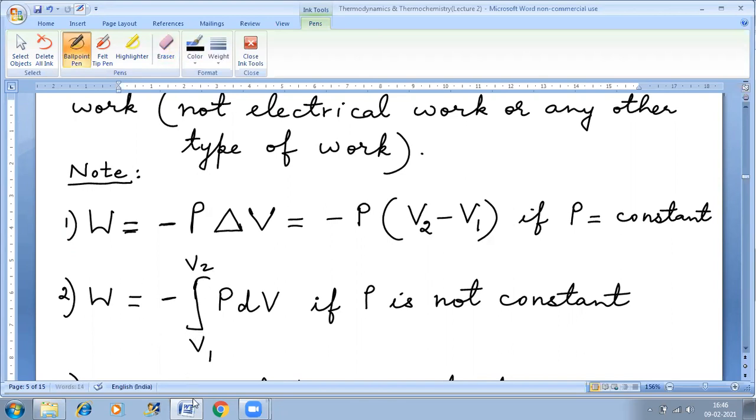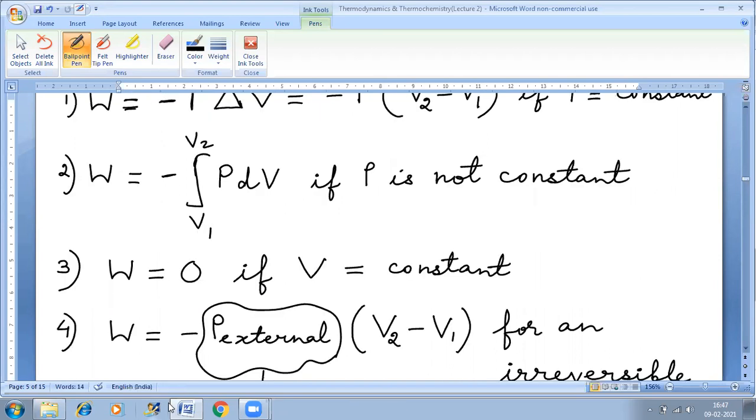That is W is equal to minus integral PdV, where initial volume was V1 and the final volume is V2. So in general, this is the expression for work done. If volume is constant, then I can say that work is zero because dV will be zero if volume is constant. So if dV is zero, W also becomes equal to zero.